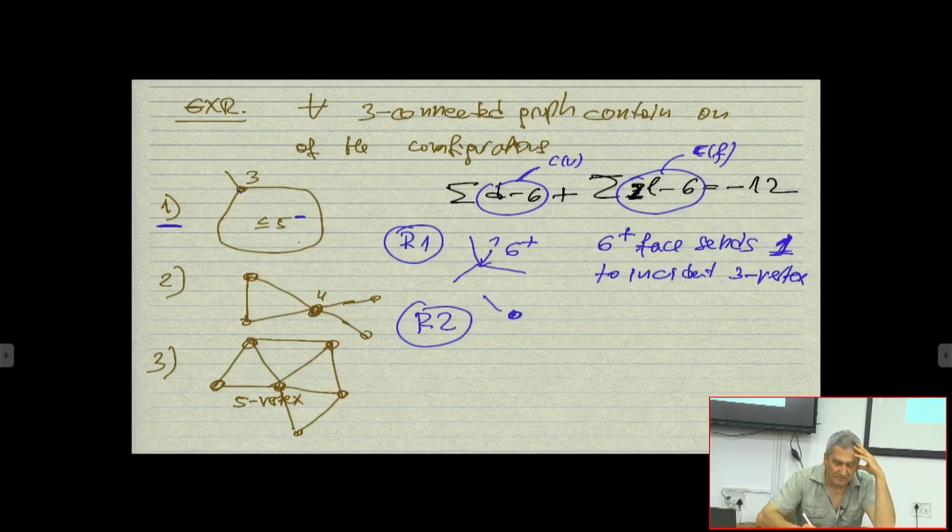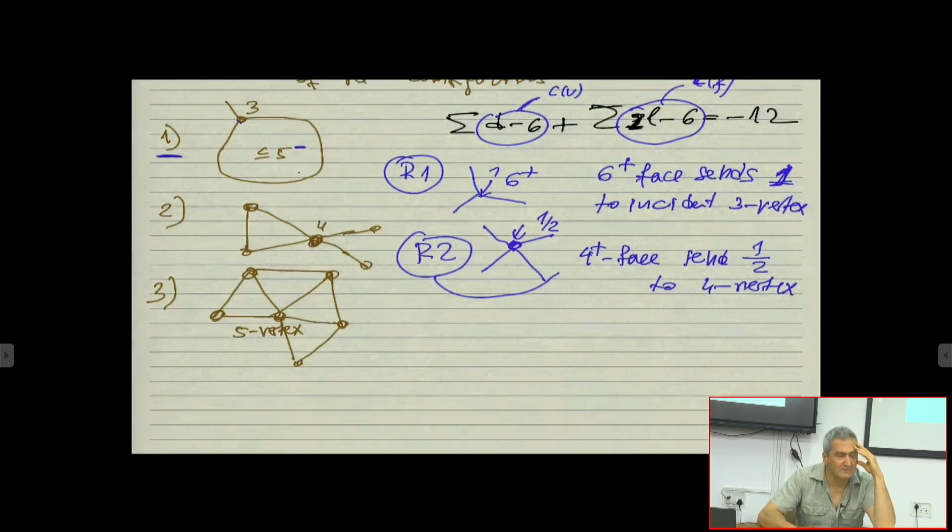Look, around a 4 vertex I will have only faces of size 4 or more. I will send 1/2. So the second rule will be: a 4 plus face sends 1/2 to a 4 vertex.